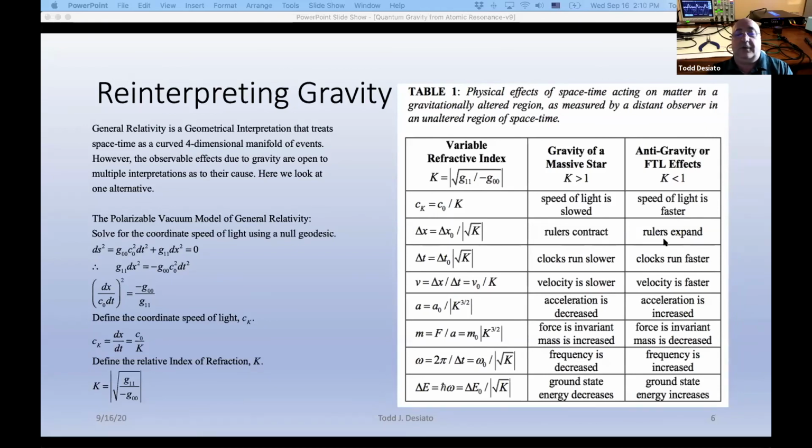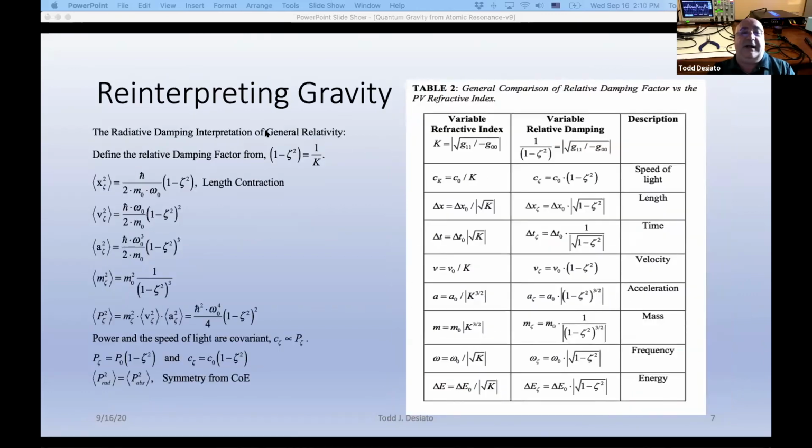From this, I found that if I interpret it as a radiative damping interpretation, then the radiative damping factor, 1 minus zeta squared, is the inverse of the refractive index. And from this, the mean square position fluctuation illustrates how when damping is increased, lengths contract and velocities slow down, accelerations decrease, mass increases and power decreases.